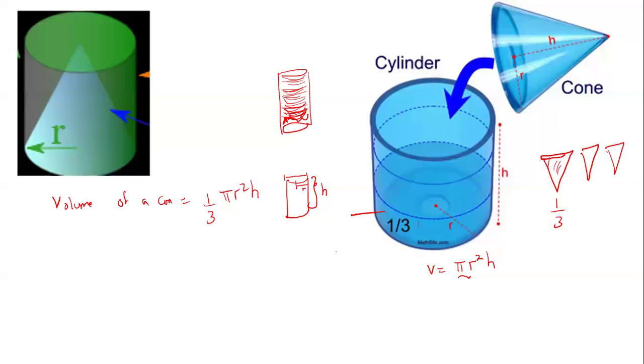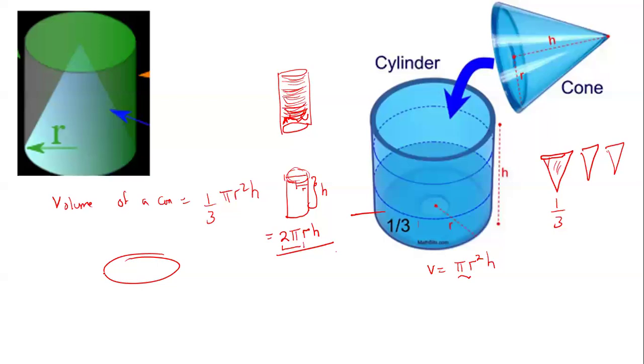When I rotate like this, this is the circumference. So the lateral surface area is given by 2 pi r, which is the circumference, times the height. So whenever they ask you to find the lateral area, the curved area of a cylinder, you find it as 2 pi r h.